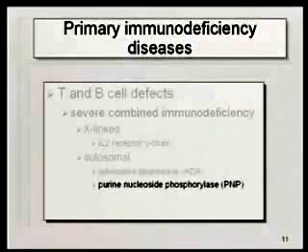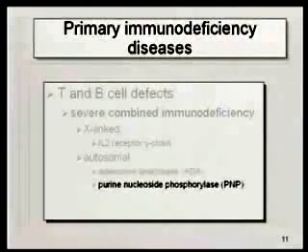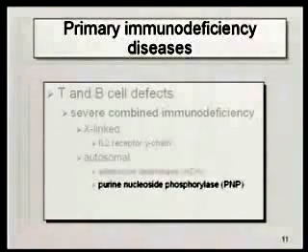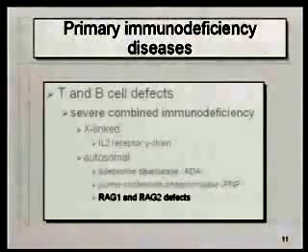These enzymes are involved in detoxification of adenosine as well as purine in their pathway. The lack of these enzymes results in toxicity in both T and B cells, and these are killed off before they differentiate into functional T and B cells. The consequence is, of course, lack of T and B cells in these patients.